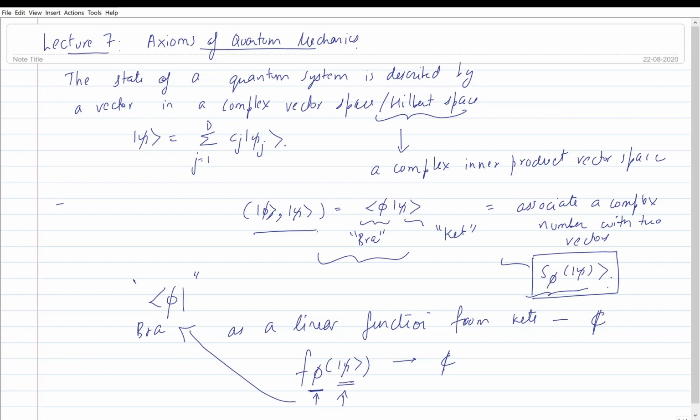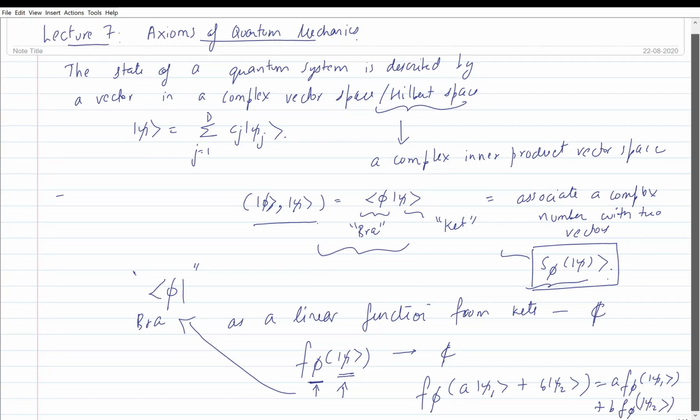And it's a linear function because if the input is a linear combination of the vectors, this is just going to be translated into this guy. Geometrically speaking, the inner product is a natural generalization of the dot product.